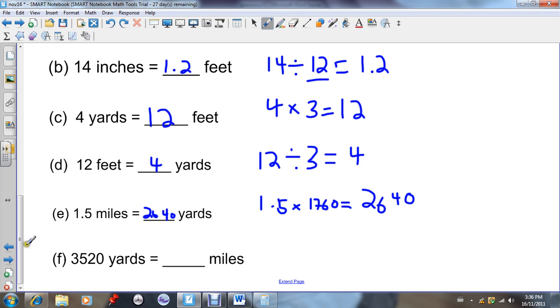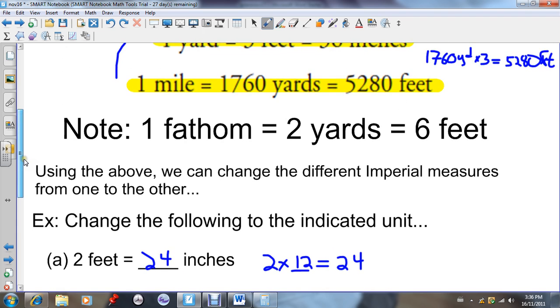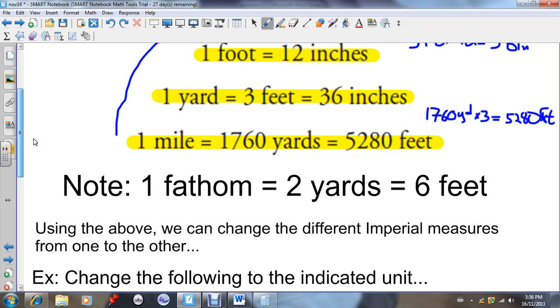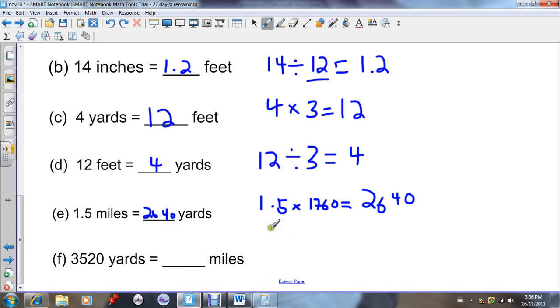Well, how do we do this one? Go back up. Yards into miles, so we're going backwards. So you divide this time by 1760. So 3520 divided by 1760 will be equal to, use your calculator.